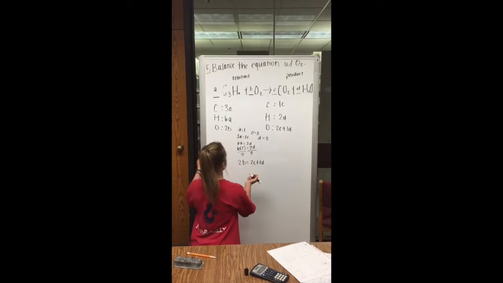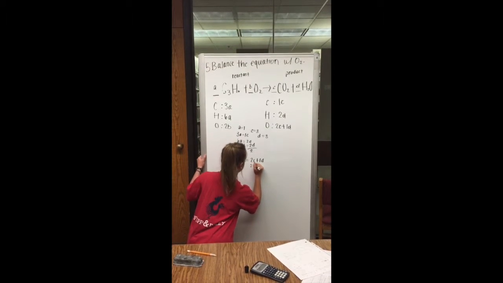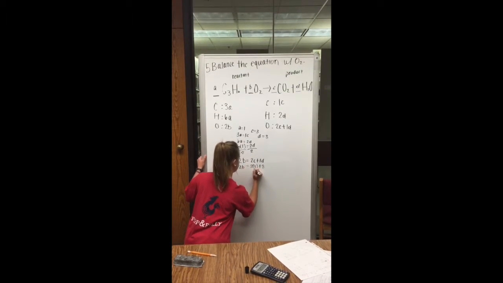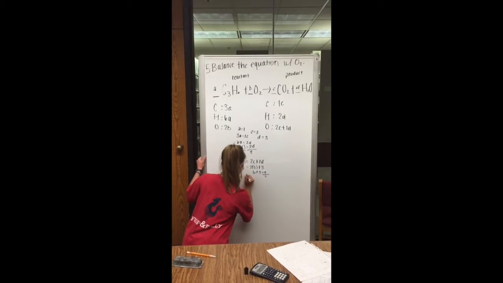And we said that C equals 3, so 6 plus 3 equals 2B. 6 plus 3 equals 9, divided by 2 equals 4.5.